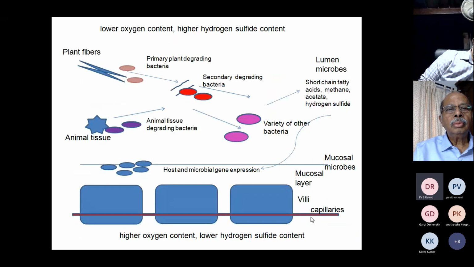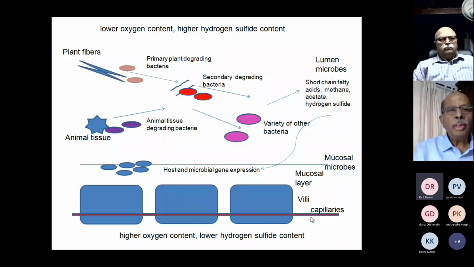So this is one very interesting figure, where we see that if we feed not only ourselves but also our bacteria, like with a lot of plant-based, fiber-based diet, these bacteria present in the lumen of our gut produce a lot of beneficial chemicals such as short chain fatty acids, methane, acetate, and so on.